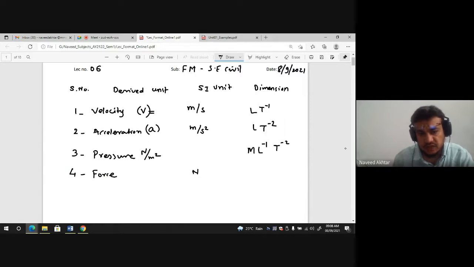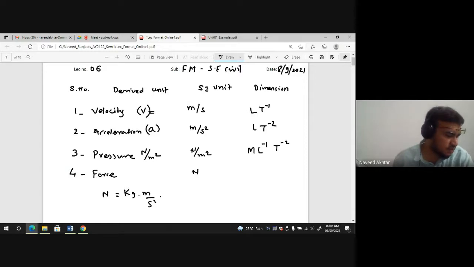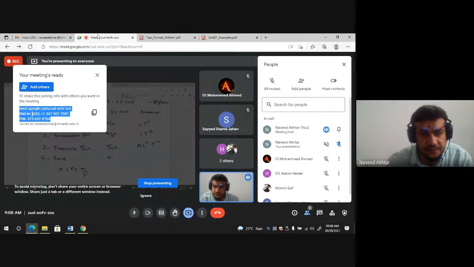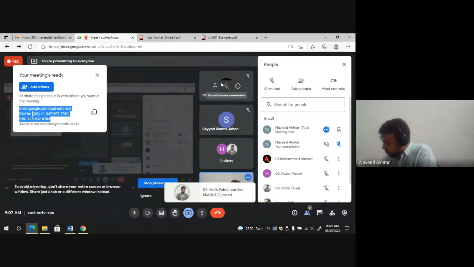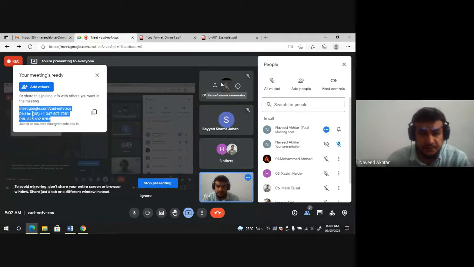The SI unit is Newton, and one Newton is equal to kg into meter per second square.